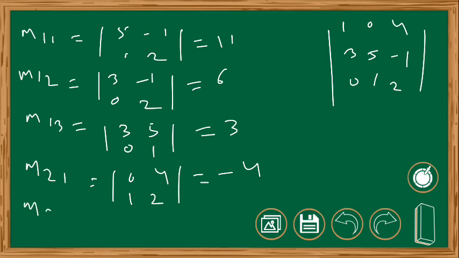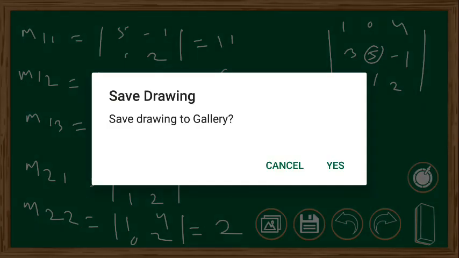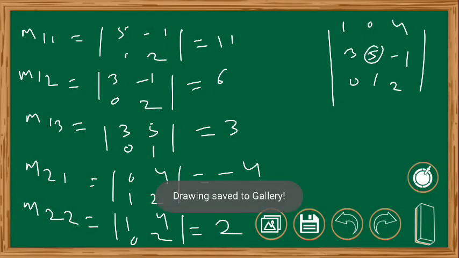Similarly, M22 you find by removing this. Is that clear? 1 4 and 0 2. So it will be 2 minus 0, which is equal to 2. So there will be 9 minors in all, so let me find all of them. M23: remove the second row and third column.